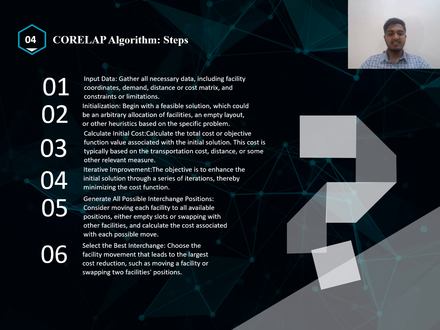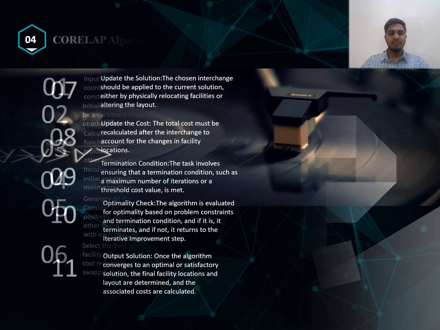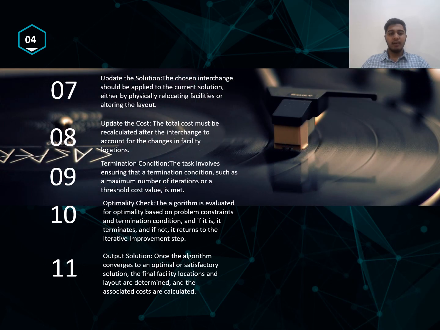Step 6, Select the best interchange. Step 7, Update the solution. Step 8, Update the cost. Step 9, Termination condition. Step 10, Optimality check. And step 11 is the output solution.